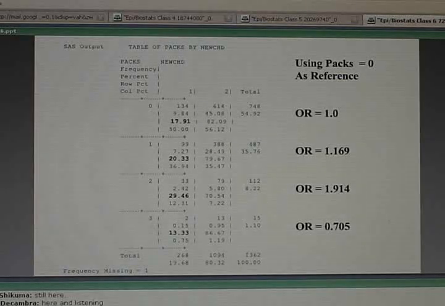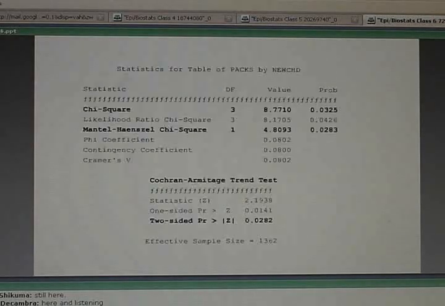Here's your 4x2 table. If I did a regular chi-squared test, 8.771, p-value of 0.0325, that's exactly the same as the score test we just looked at in the logistic regression model. The likelihood ratio chi-squared test will also be the value from the model.